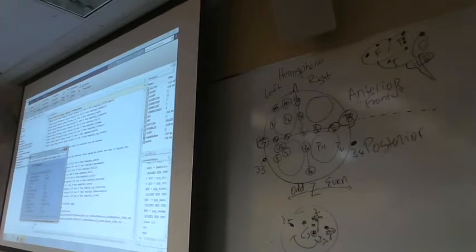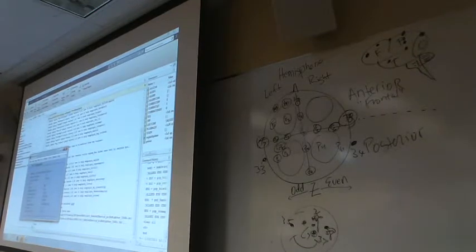Could be 61, 62, 63, right? And then it goes 1 through 5, and again 1 through 5. Okay? This gives us all the possible combinations, essentially 1 down to 75 possible combinations of our event codes.